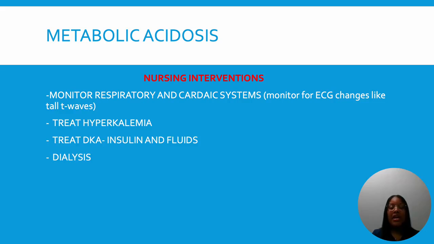If the patient's kidneys are not working, they may need to go to emergency dialysis to get that acid removed. The biggest thing when it comes to treating these acid-base imbalances is to treat the cause. Treat what is causing that patient to hold on to acid.